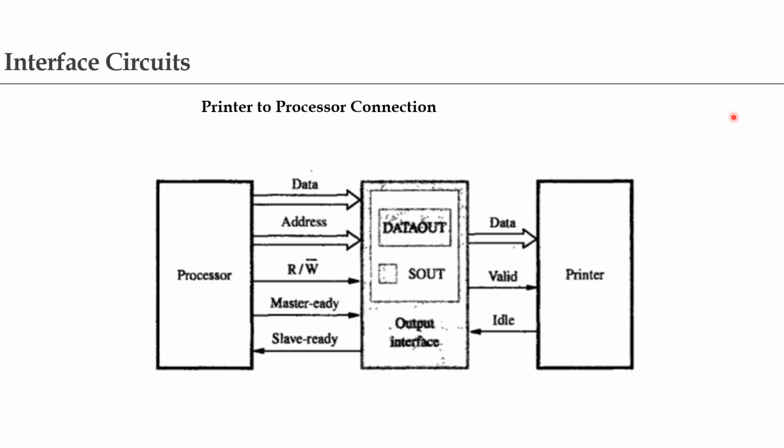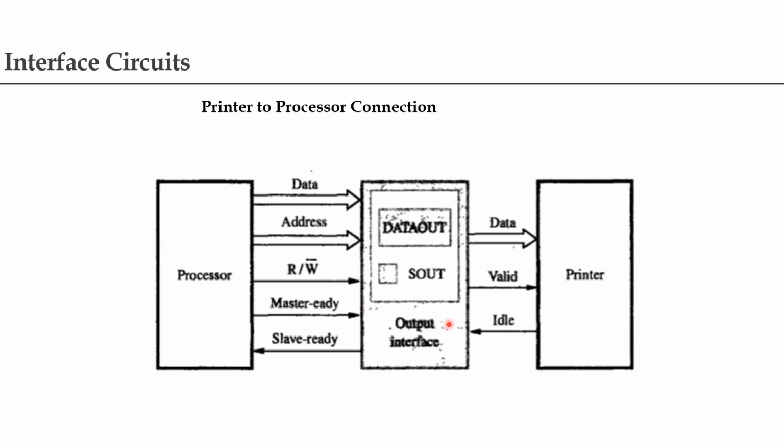Parallel port: the processor sends data 8 or 16 bits at a time to the printer's parallel port. Suppose it is a serial port, the processor sends data bit by bit to the printer, requiring a serial to parallel conversion in the printer's interface circuit.